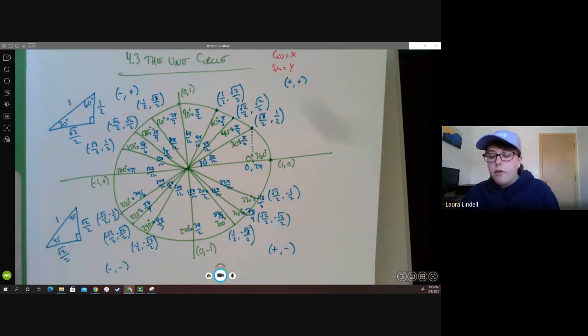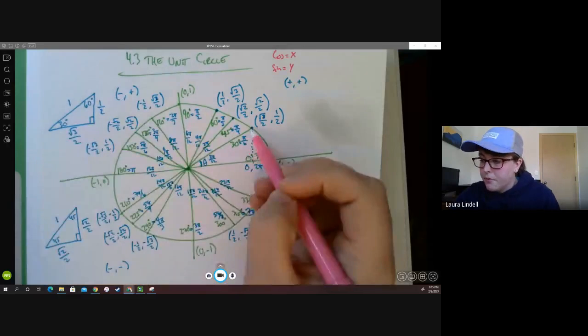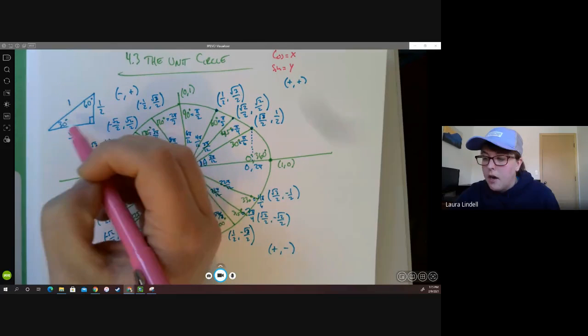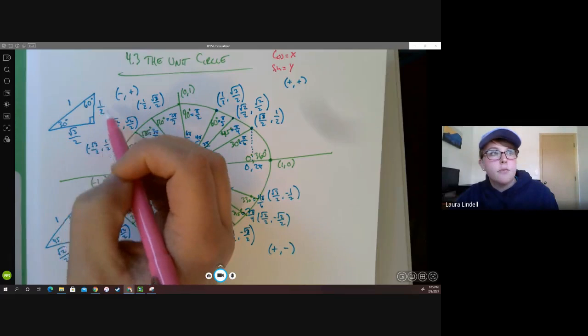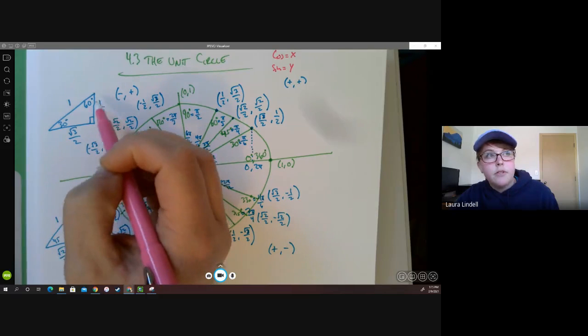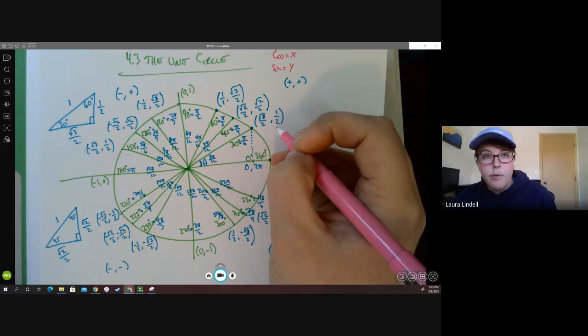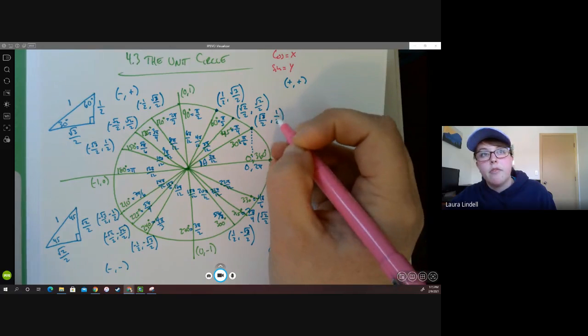Because if we look at this 30, 60, 90 that we pulled from right over here, sine is opposite over hypotenuse, which in this case is 1/2 over 1, which is just 1/2, which is the y value. So this is how we know the sine of 30 degrees is 1/2.